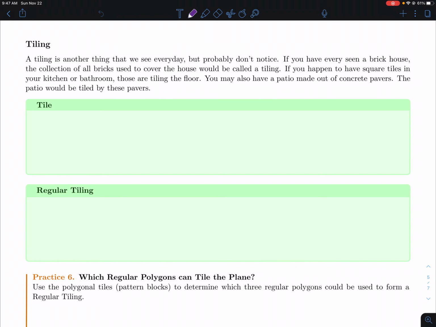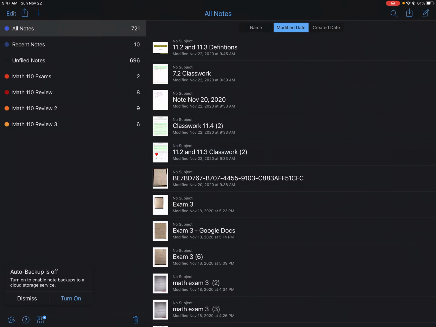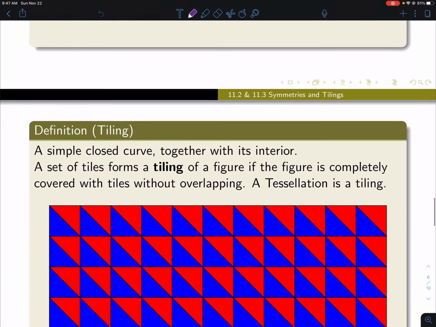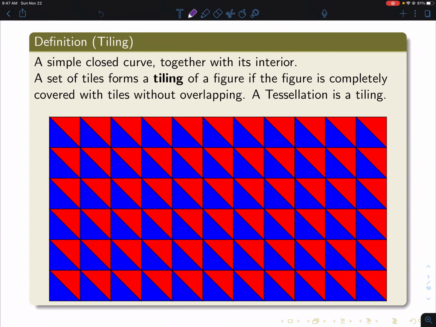Let me jump back to the definitions here real quick. A tile is just a shape, a simple closed curve together with its interior. A set of tiles forms a tiling of a figure if the figure is completely covered without overlapping. A cool kind of tiling is what's called a tessellation.